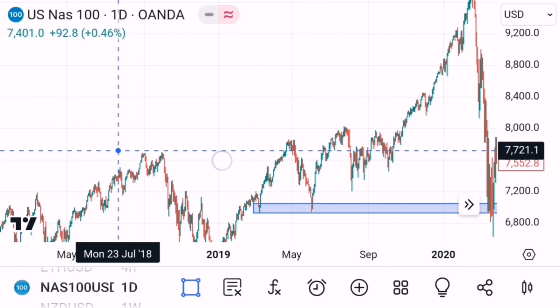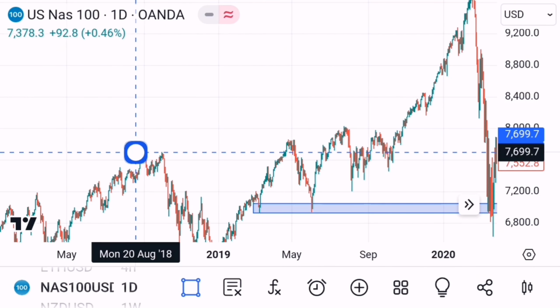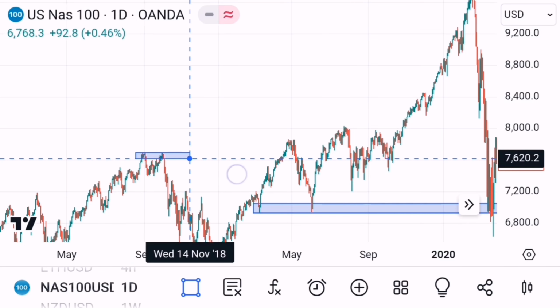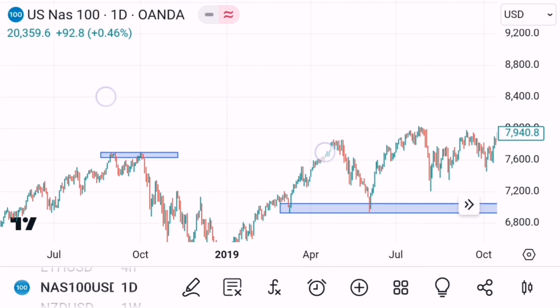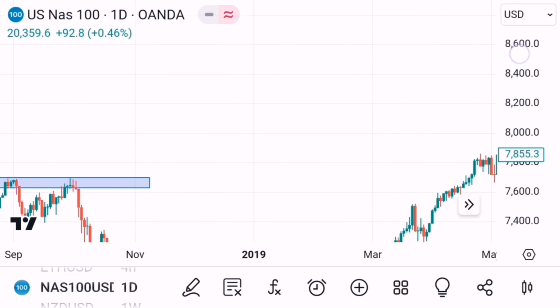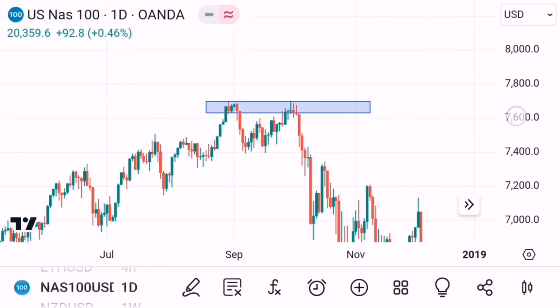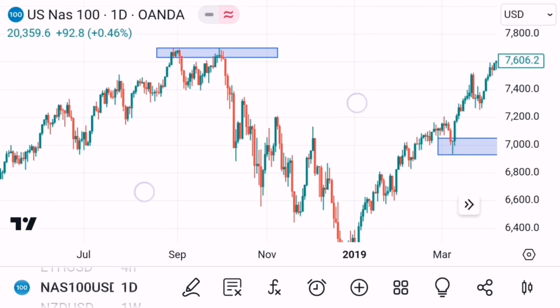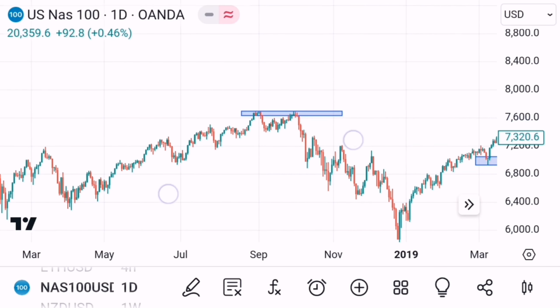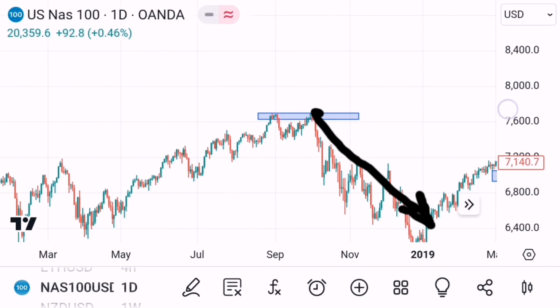We've got a double top like this, boom, a double top like this. And then the market, guess what, it accelerated to the downside, as you can see, accelerated straight to the downside.